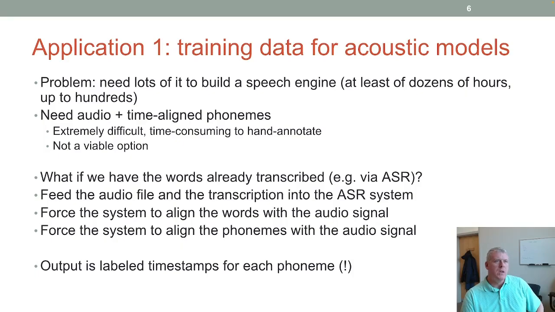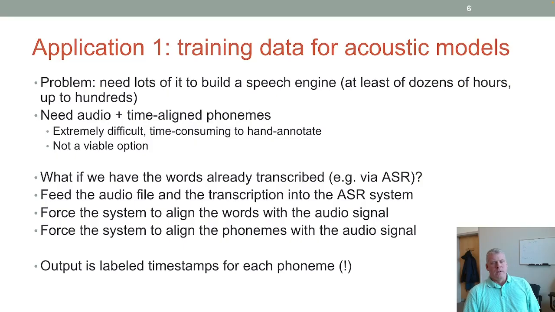And you need audio as well as time-aligned phonemes, so that the system that's trained on it can say, okay, within this little slice, I'm hearing a B. And so when it does all the analysis, the Mel-cepstral frequency coefficients and whatever, it says, okay, this is all related to B. But that's extremely time-consuming and difficult to do by hand for humans. So it's not really a viable option for the amount of hours of audio needed to train up an acoustic model.